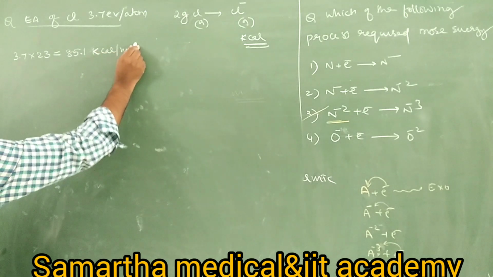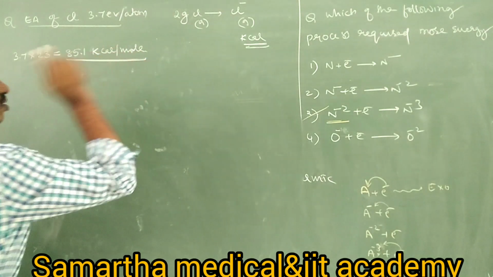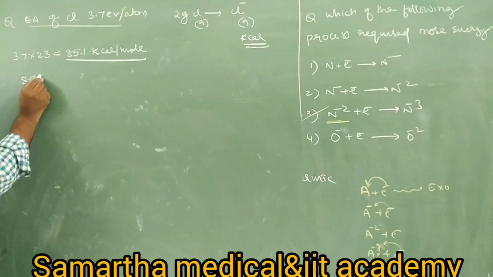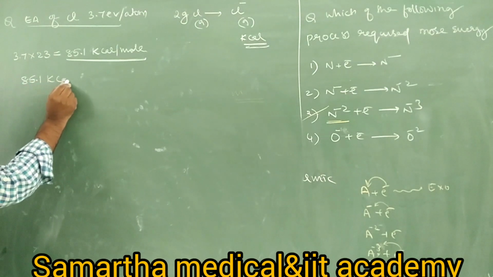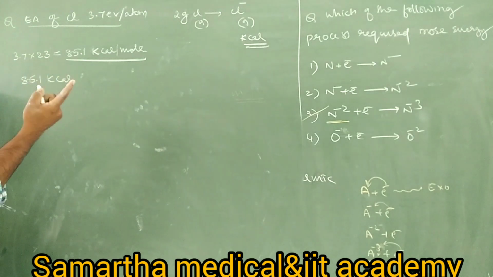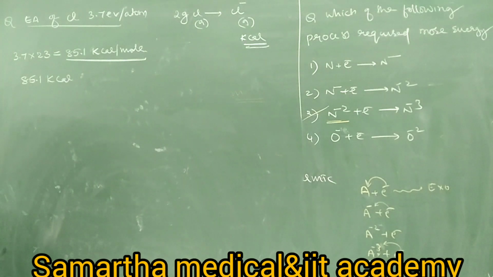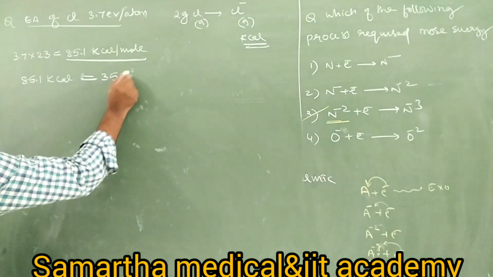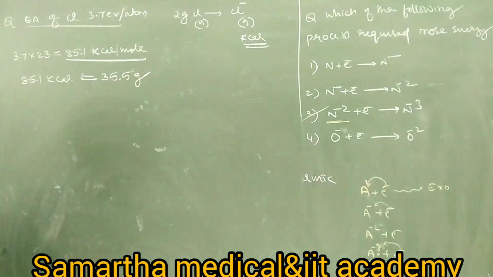per mole. Do you know the meaning of this 85.1 kilocalories per mole? It means 85.1 kilocalories per mole. Per mole is equal to how many grams of chlorine? No, atom. Which is equal to 35.5 grams of chlorine, right?